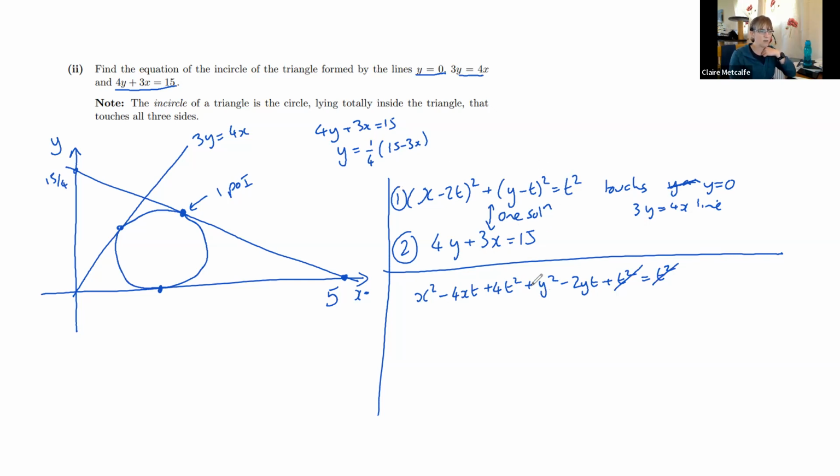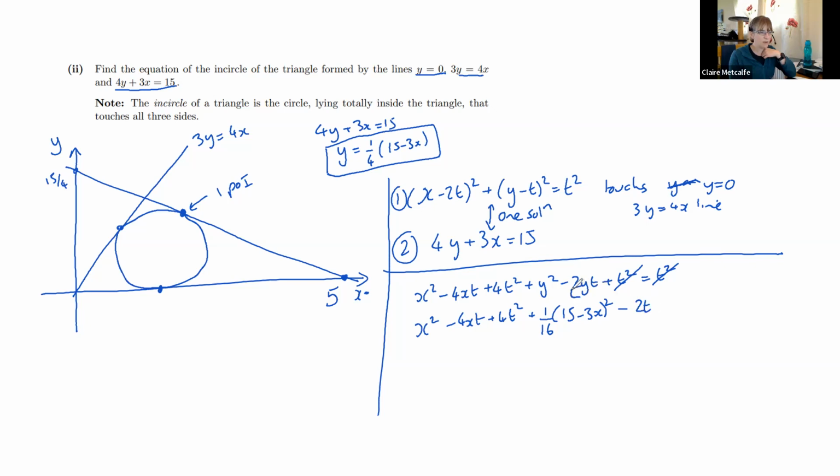Now I'm going to substitute for y, and I've got y written in terms of x up here, so that's quite useful. x squared minus 4xt plus 4t squared plus 1/16, because I'm squaring the quarter, (15 minus 3x) squared, let's just hold that for a second. And then I've got minus 2t.